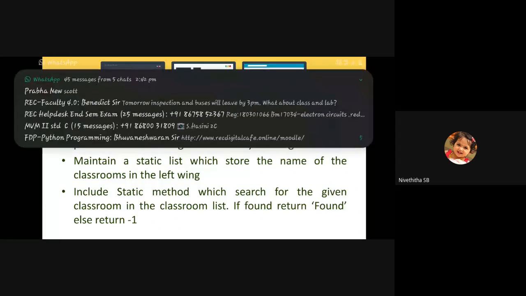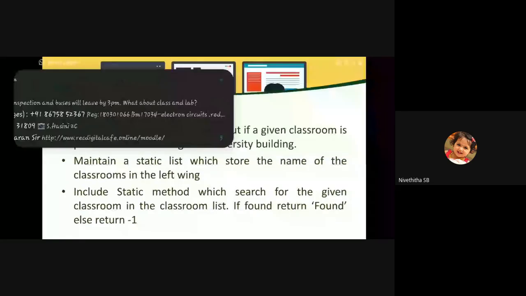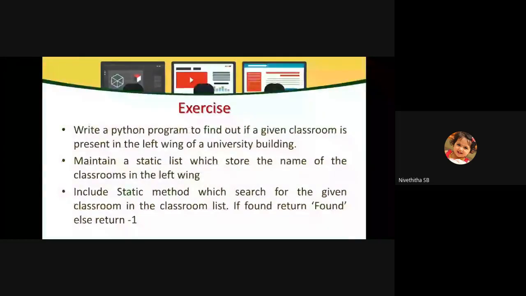That means inside the class itself, we can define the list. And then include a static method to search for the given classroom in the classroom list. So we have to give one classroom name, and we have to search in the list and print whether it is found or not.